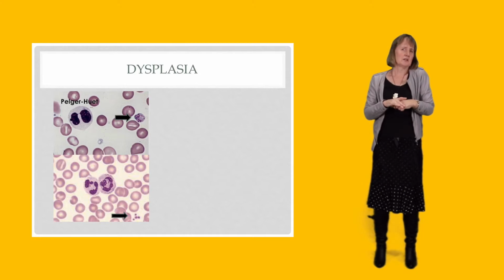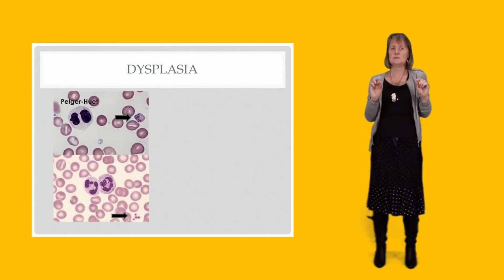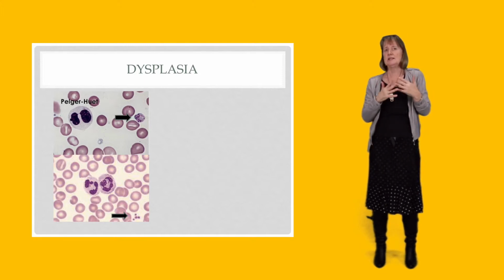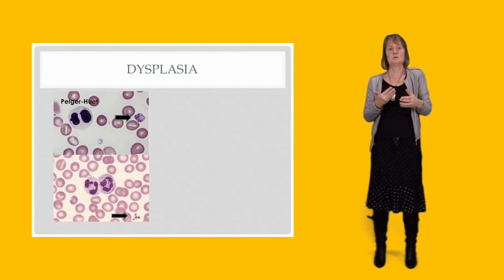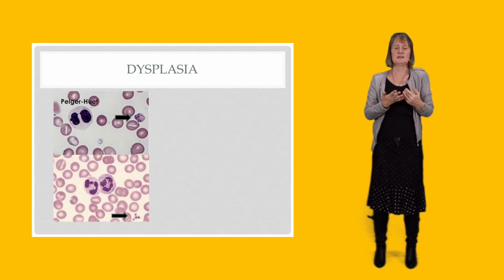A neutrophil should have 3 to 5 nuclear lobes, and this one only has 2, and they're connected by a very thin strand of chromatin, which is also not normal. In addition, the cytoplasm doesn't have any of the usual neutrophil granules. This is a very characteristic abnormality that we see in myelodysplasia, and we refer to it as a Pelger-Huet abnormality.